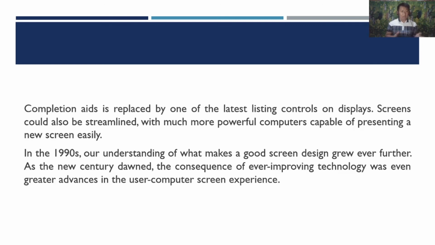In the 90s, our understanding of what makes a good screen design grew ever farther as the new century dawned. The consequence of ever-improving technology was an even greater advance in the user interface, the user's computer screen experience.